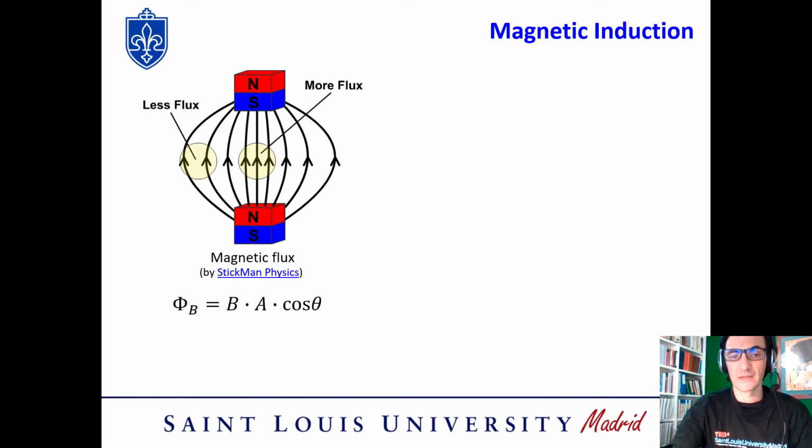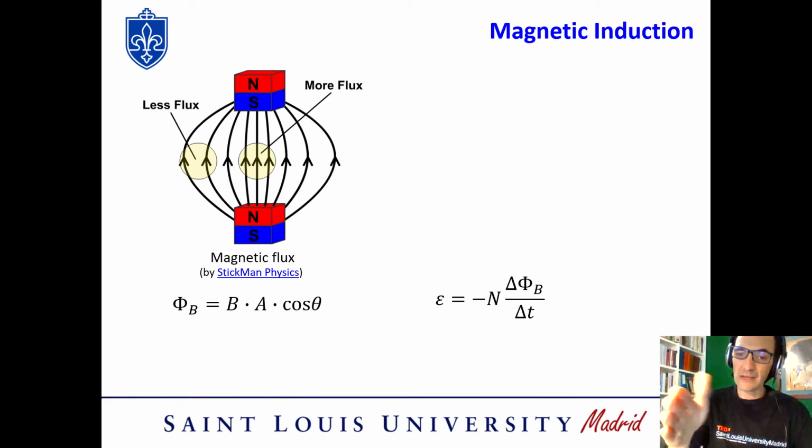The flux, remember, is the dot product of the magnetic field times the area. The area is the cross section area, and the cosine of both, right? This is Faraday's law, and this is the thing we will check, that if there is a change because of the change of the area, because we will be rotating and therefore the area will be different, right?